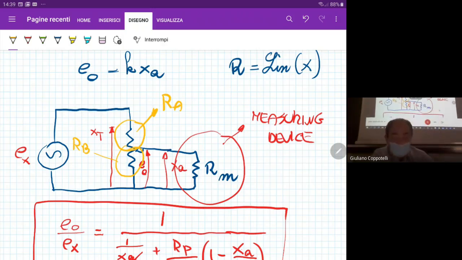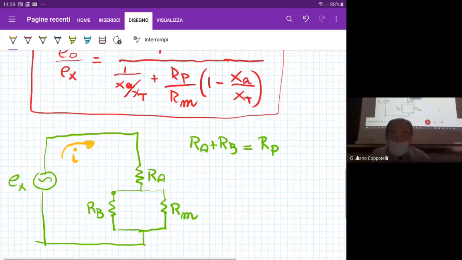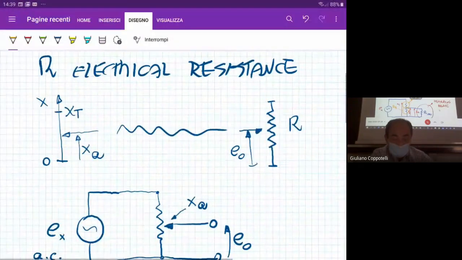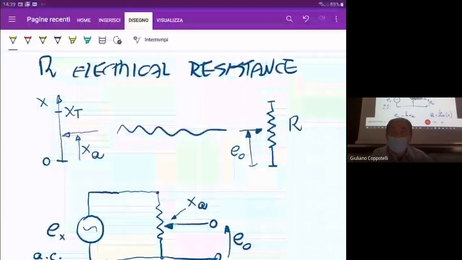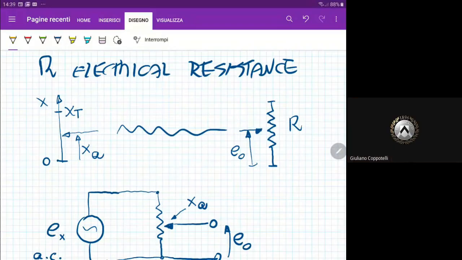So RB is strictly connected to the position of your actual deflection. And then what about XT? It's the total displacement. XT is the maximum displacement that you can measure. It is the maximum value of your transducer.